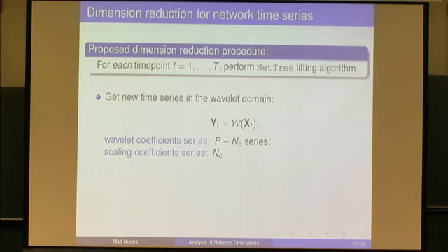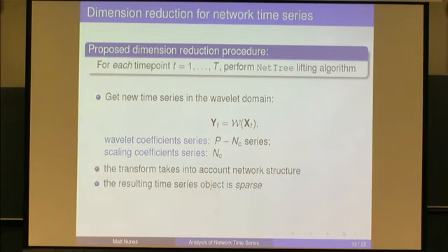And typically with these wavelet-like transforms, you also get 1 or 2 scaling coefficients which represent the local mean of the signal. So you get the same dimension of the time series that you started off with, but what is this new time series object?